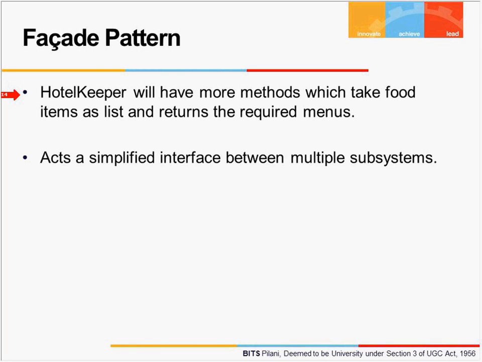This is another question. Can the hotel manager take the order and arrange the food from different hotels and provide room service for the food order? Again, that depends upon how you implement your facade pattern, how you implement that particular object. If you want to implement it in this way, it even places the order for you and provides you service.